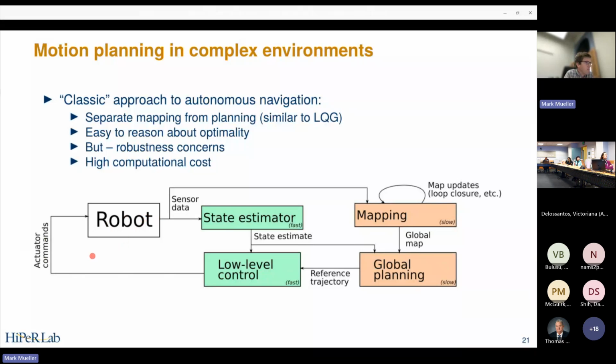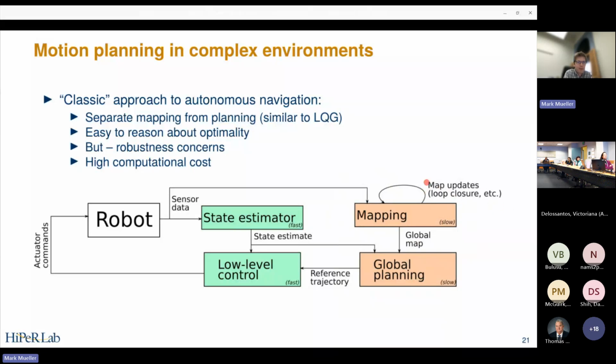So this will be the typical loop. And on the one hand, this is nice because as an engineer, these are 4 well-defined blocks that I need to design with clear interfaces. So it's sort of typical design and divide and conquer approach. The problem with this is that there's a fragility that happens when the mapping especially goes awry.